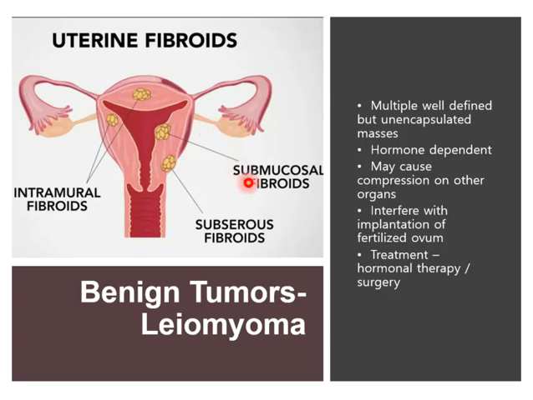The treatment is generally hormonal therapy to reduce its size, or most commonly you can do a surgery like myomectomy to remove the fibroid. And if the patient does not desire a child, like in later ages, they can get a hysterectomy done also.